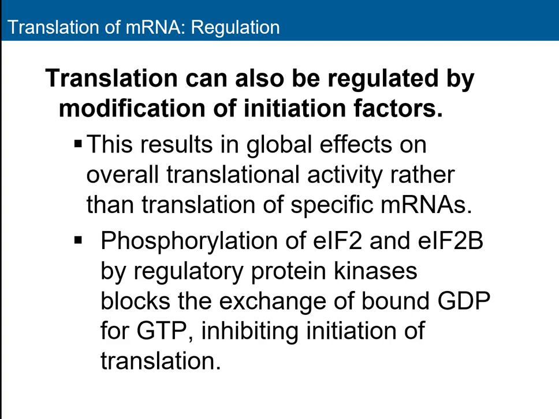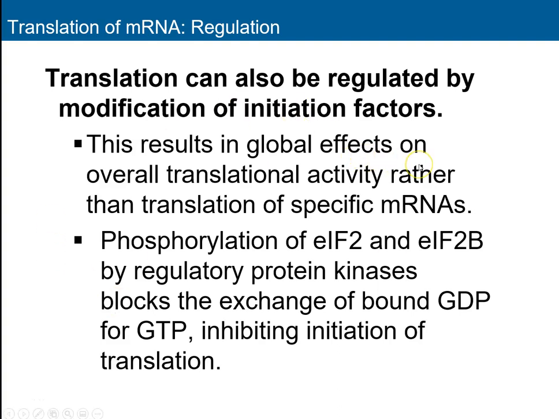The next part, which you can see on your review sheet, is modification of initiation factors. That means the initiation factors themselves are going to be modified in some way, i.e. phosphorylation, and that's going to affect translation. So it's not another protein or RNA coming in to block those initiation factors from binding to the mRNA. Those initiation factors themselves are modified.